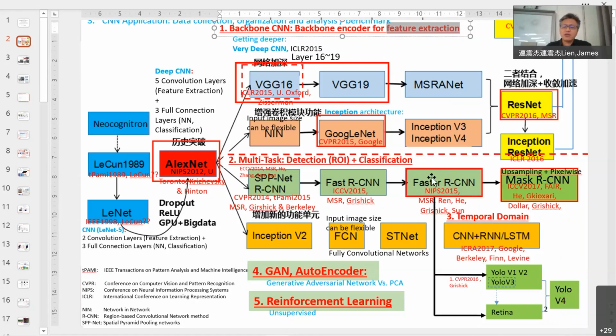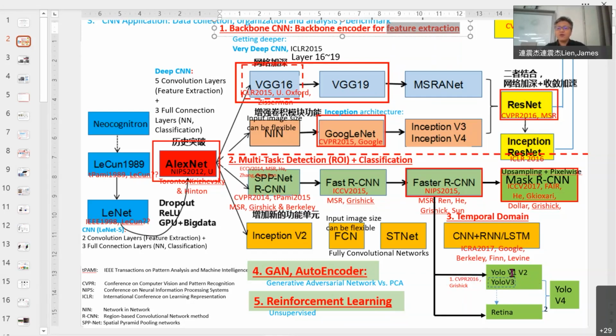After Faster and Mask, we'll talk about YOLO V1, V2, V3. I will introduce 1, 2, 3. So YOLO V1 starts from year 2016, around the same time.